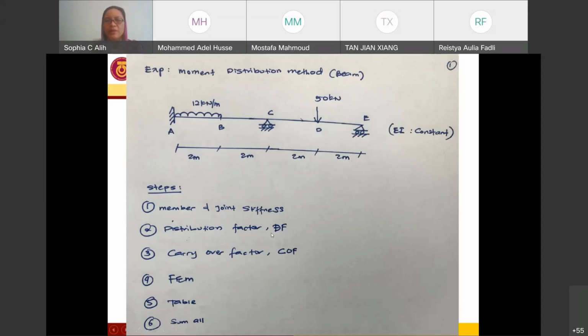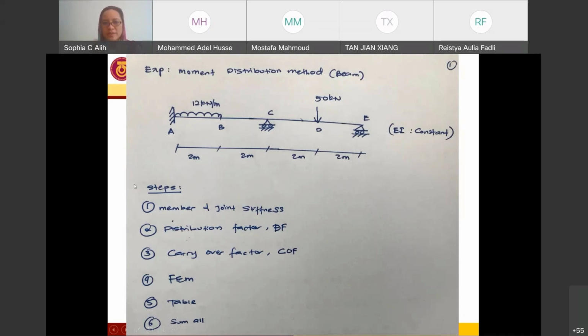Since the moment distribution method is all about practice, you need to practice to calculate it very fast. You need to practice looking into the condition: in which condition you have to use 3EI, in which condition it is going to be 4EI, in which condition the carryover factor is going to be 0 or 0.5, and where you have to decide whether to carry over here or there.